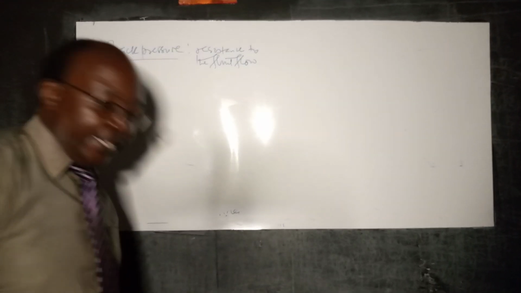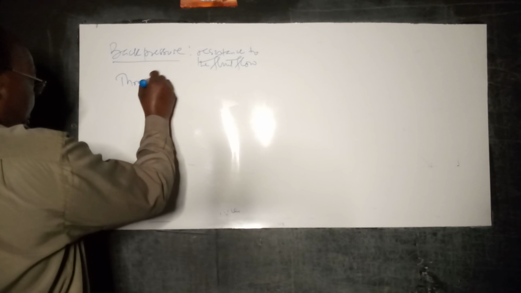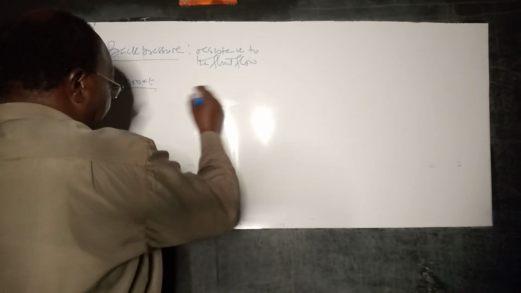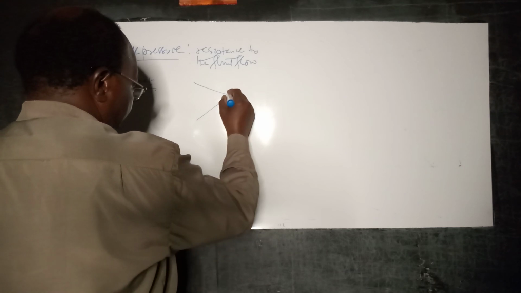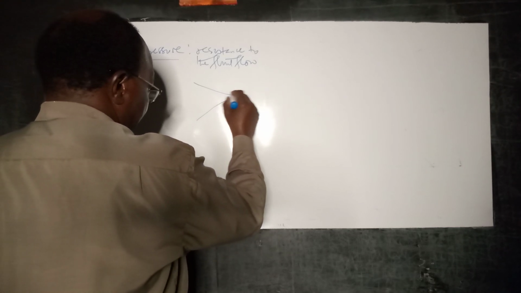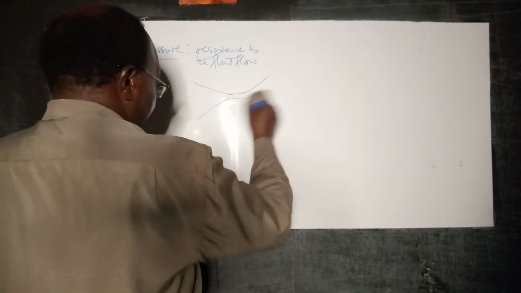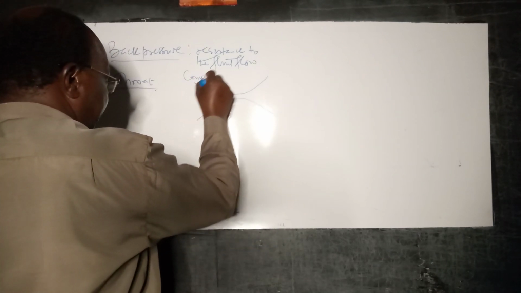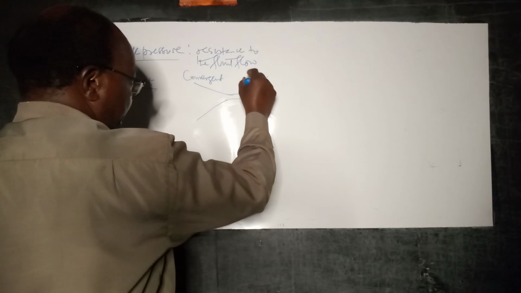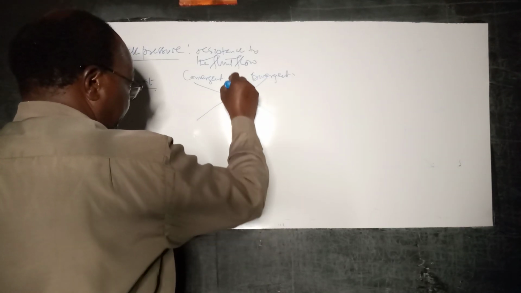Then the other one is the throat. If you have, for example, convergent and divergent cases, convergent, divergent, this is the throat.